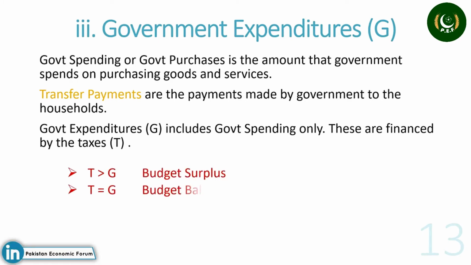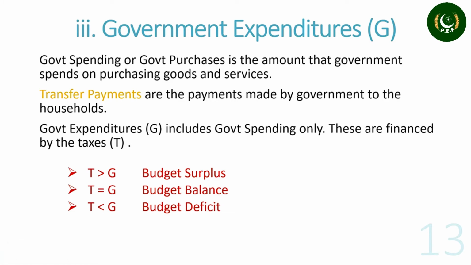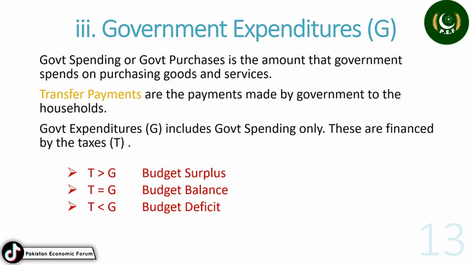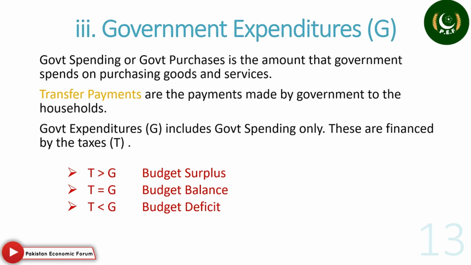If the amount of taxes collected is greater than government expenditures, we refer to this situation as budget surplus. However, if the amount of tax collected is less than expenditure, this is referred to as budget deficit, and the equality of the two is termed as budget balance.